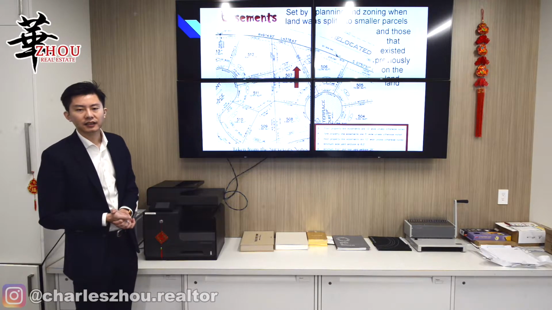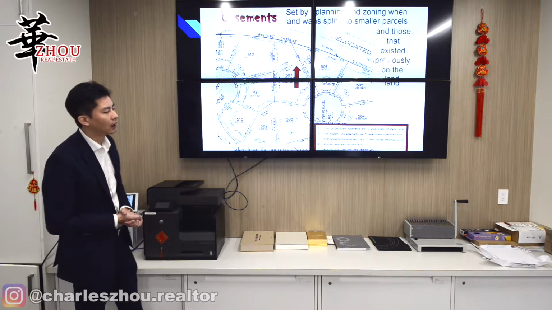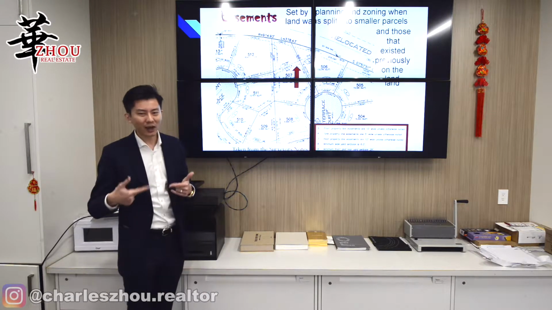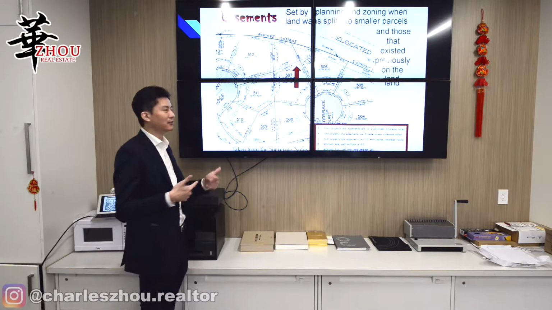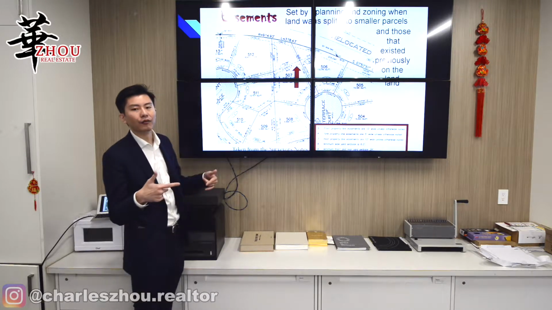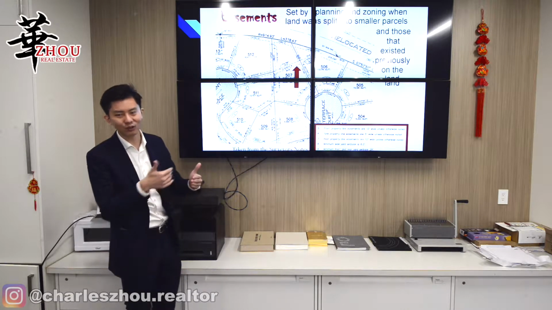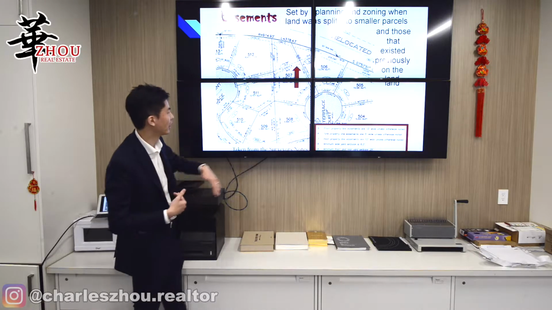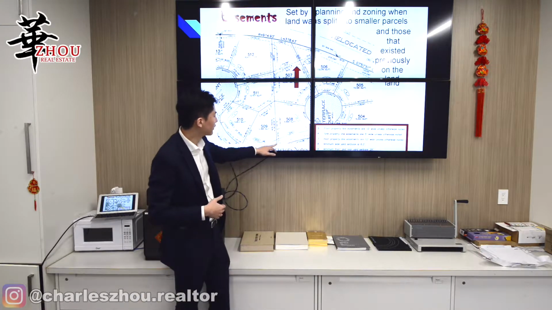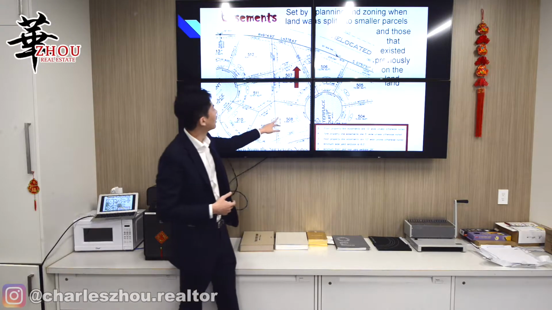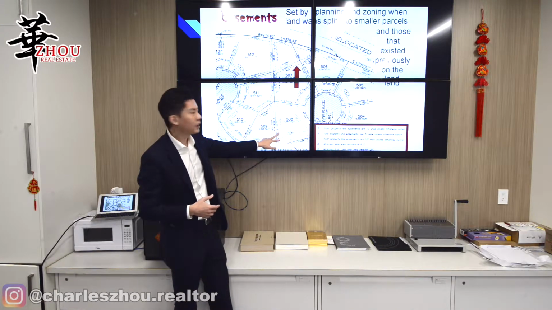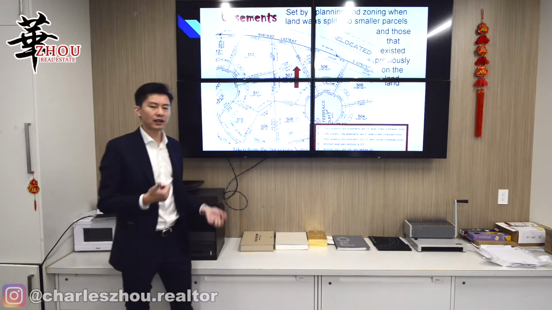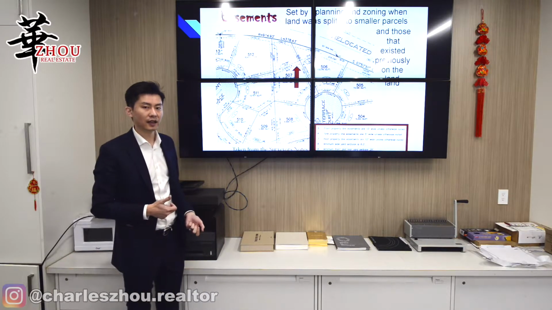The easements normally are from the city or utilities, and they will put the easement beside the borderline of your property. They won't put it in the middle. They will normally put it in either the front or the backyard. Okay, so look at the dot lines. Those are the easements. Normally they are sewers or electrical lines, stuff like that.